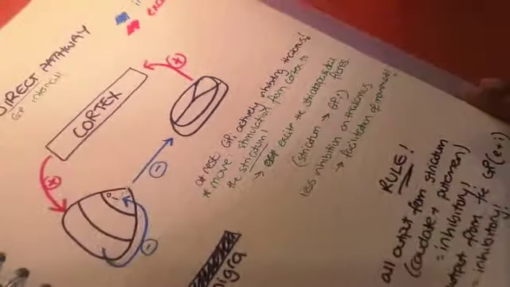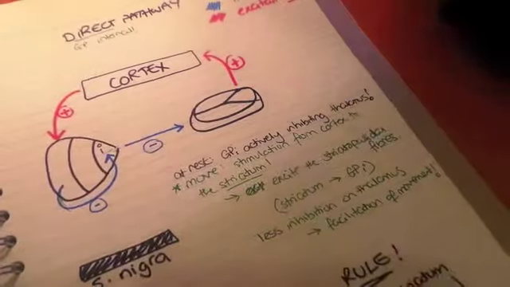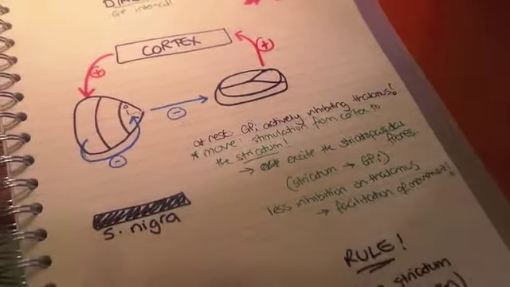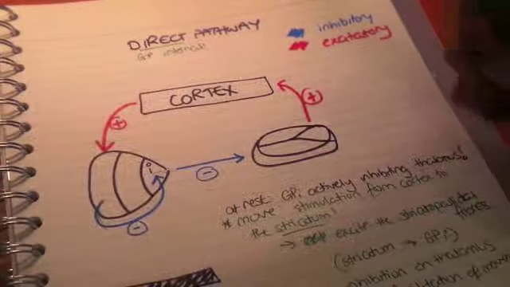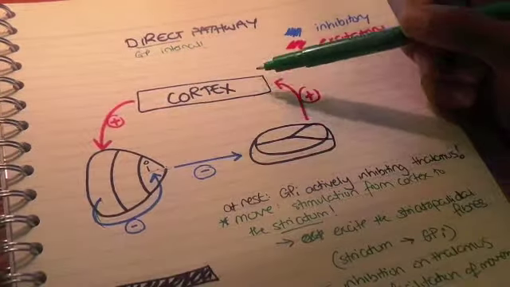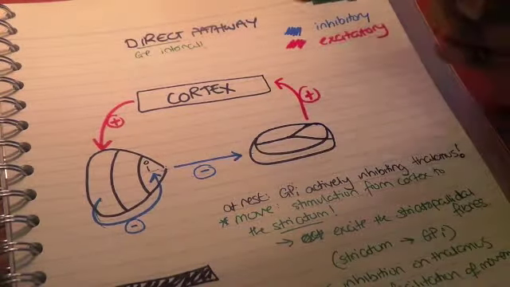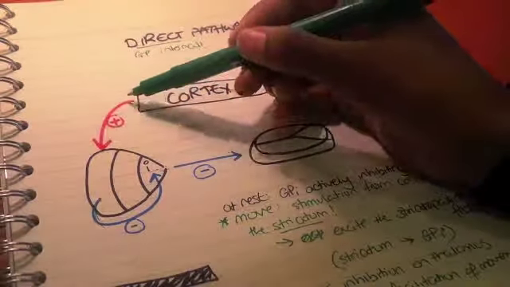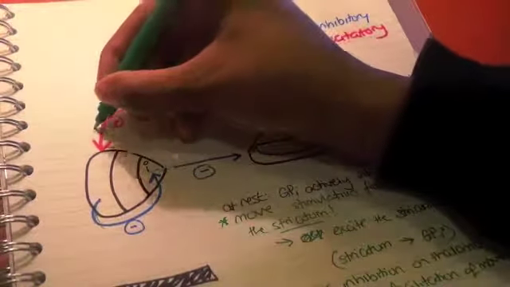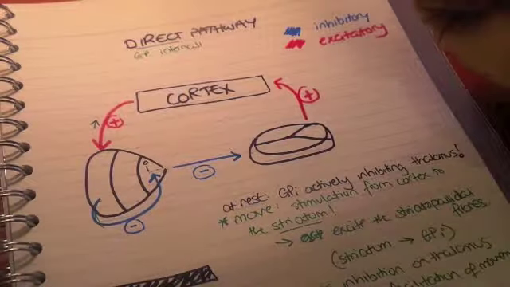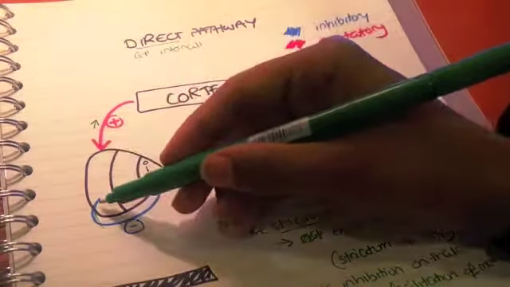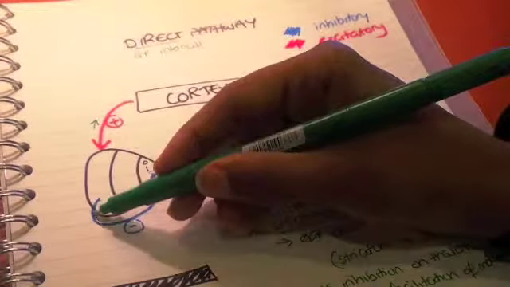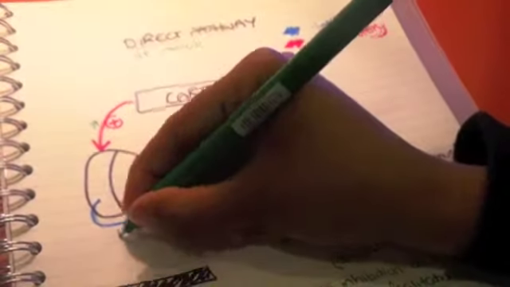Okay, so let's recap. This is your direct pathway. This is your cortex. You make the plan to move, you make the intention to move. So these fibers increase in activity. Once these fibers increase in activity, that means more excitation is reaching the striatum. So the striatopallidal fibers will increase in activity as well.